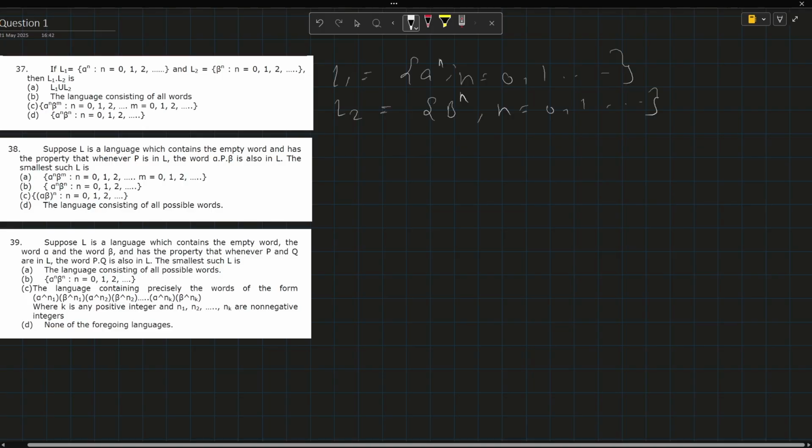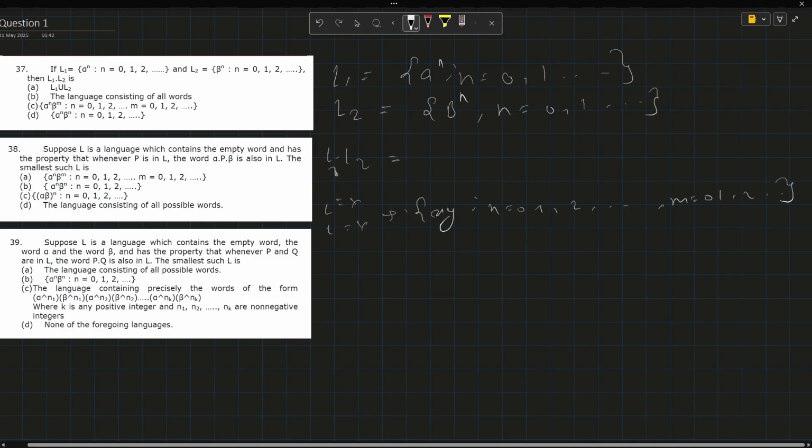Now these are the sequences of these factors for L1 and L2, with the definition that I've told you before. Like if a language has x and another language has y, then the product of those will be xy, with n being 0 1 2 3 until n.